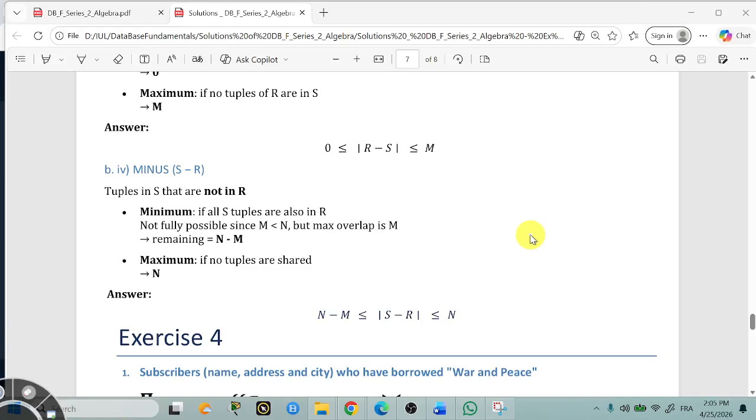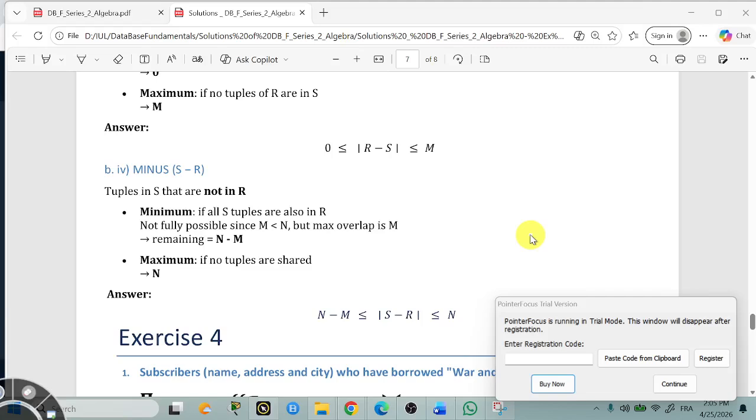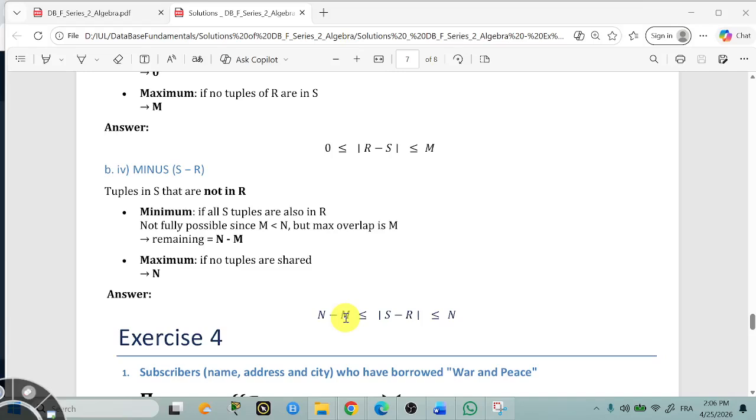So the number of rows of S that are not in R: in the first case, we suppose all rows of R are in S. This means that there is another part of S that's not in R, because the number of rows in S is greater than the number of rows of R. N is greater than M. So if the rows of R are in S, the number of rows that are in S and not in R is N minus M. So the minimum is N minus M. This is the minimum.